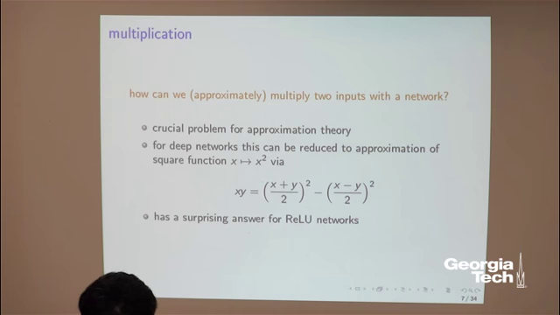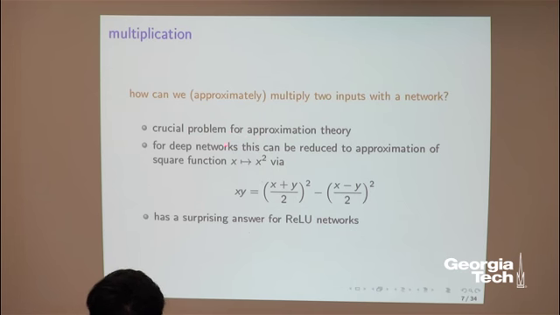Because of their structure, networks are not really built to multiply inputs. So for the approximation theory, whatever you want to do, you have to think about this problem at some point.